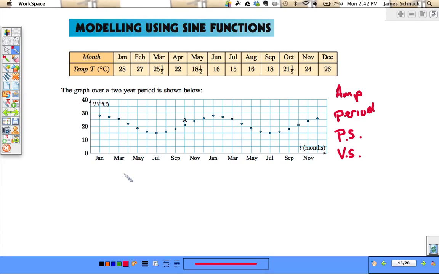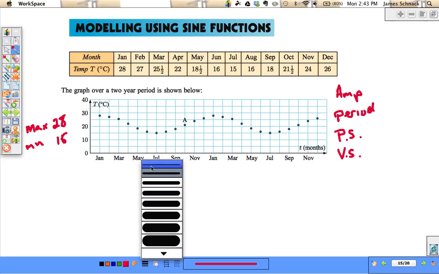So let's start with, what's the highest that this gets? What's the biggest data value that we have here? Looks like it's 28. And the minimum data value, it looks like, is 15. Okay, so how does that help us?